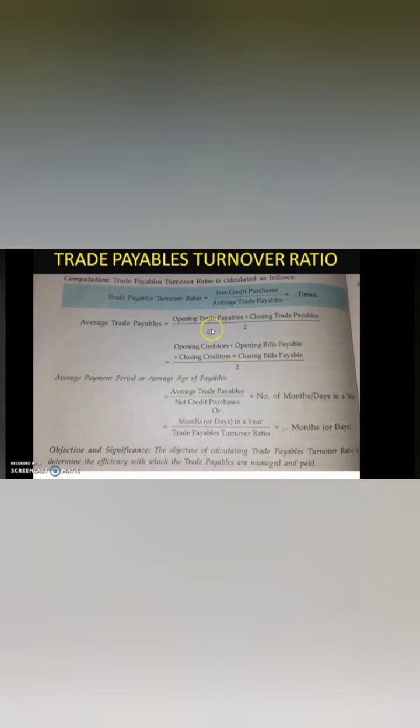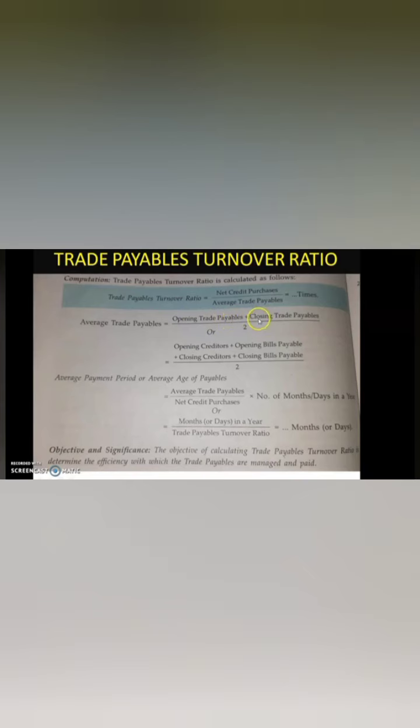Children, if the question gives you only the opening trade payables and not the closing trade payables, don't calculate the average. Don't divide by 2. Write the amount of opening trade payables as it is.